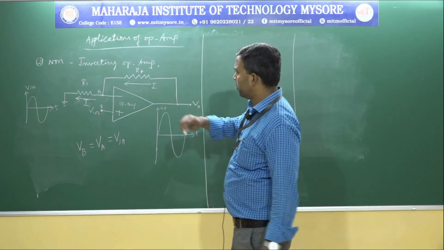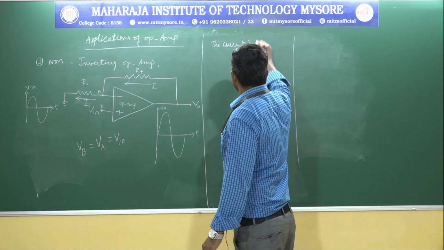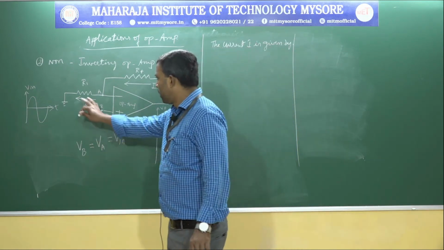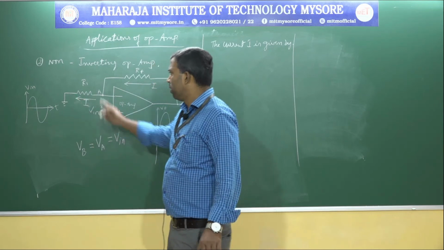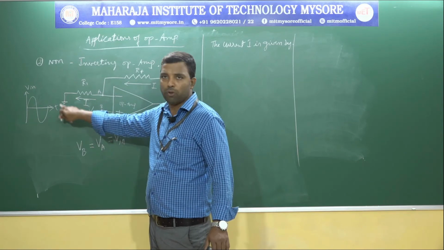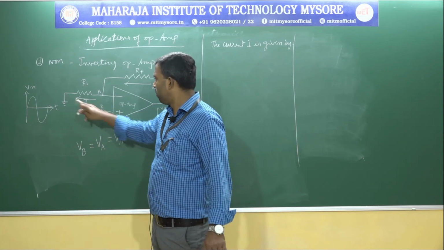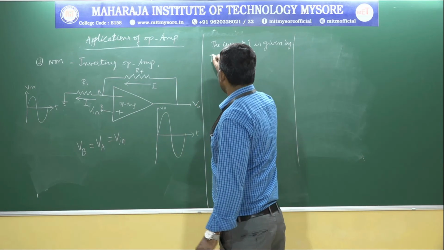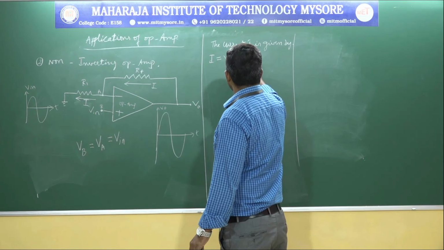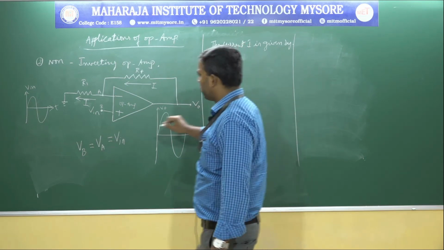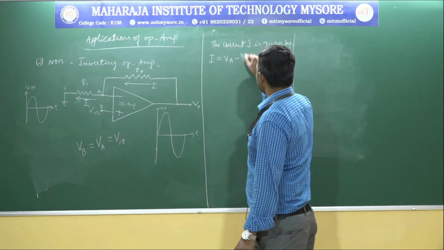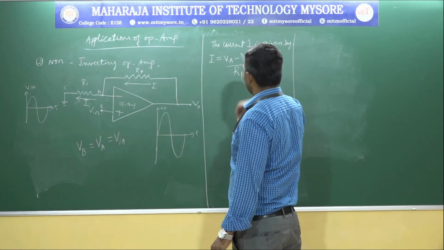The expression for I through the resistance R1 is given by the potential difference between these two points. The current direction is this side, VA minus this potential, which is 0 because it is grounded, divided by R1. That is, the current I through R1 is VA minus, you can call this the potential at terminal C, VC, divided by R1.